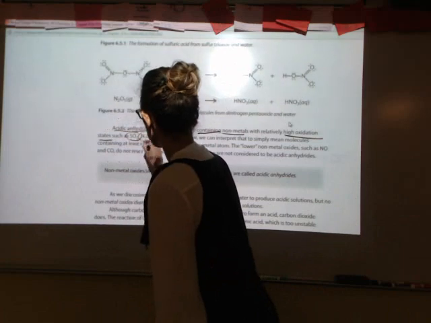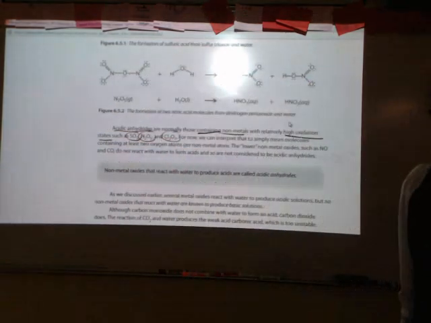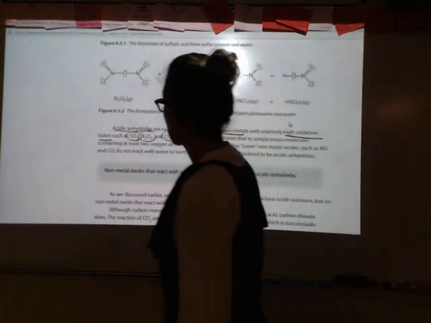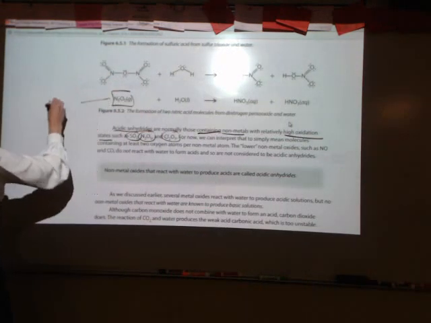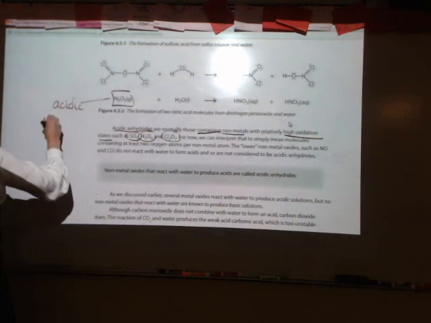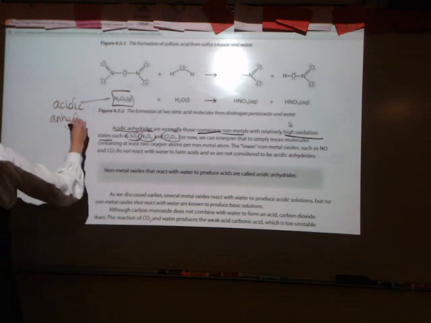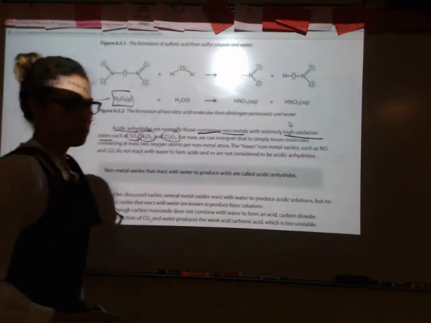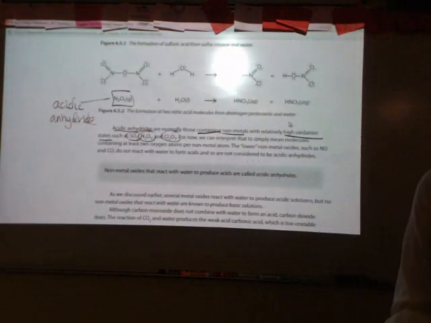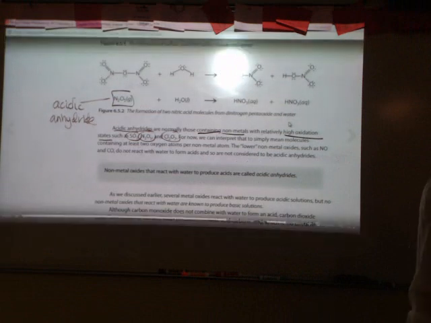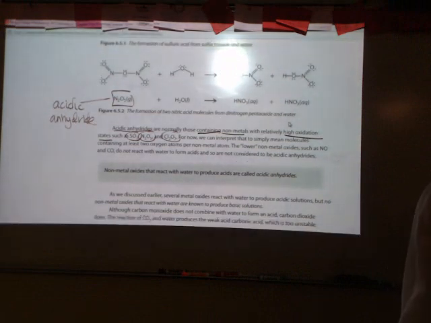So things like SO3, N2O5, or Cl2O7. So N2O5 is an acidic anhydride, and it's got nonmetals with really high oxidation states.